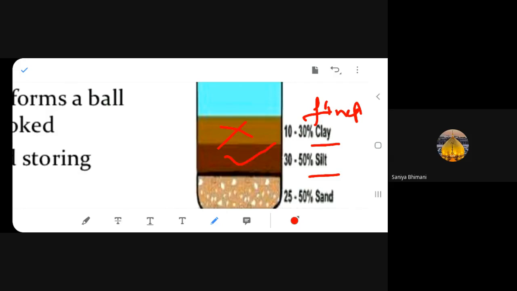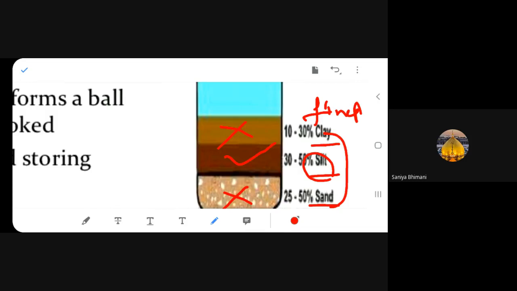This is what we require. What is at the bottom? Sand. Not useful for agriculture. Now, hope you have understood. Because silt is a combination of clay and sand. You understood now? Yes, ma'am.